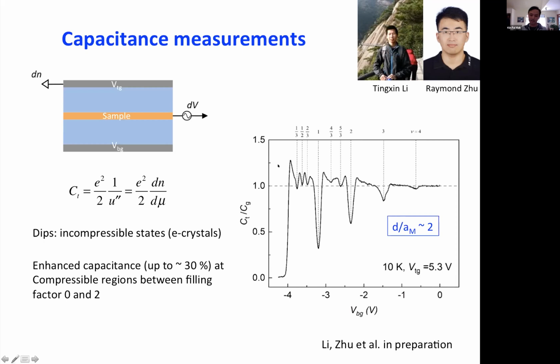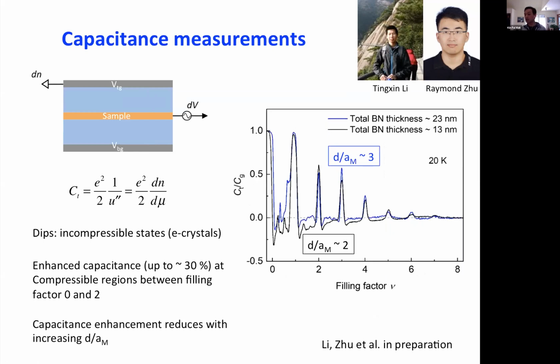But you can see that in filling factor between 0 and 1 and 1 and 2, the compressibility for the compressible regions is bigger than 1, by as much as about 30% in some places. It's definitely not infinity, but in the literature, this is not a small enhancement in the capacitance. For this particular device, I want to mention that the gate-to-gate separation is about 2 times the moiré period.